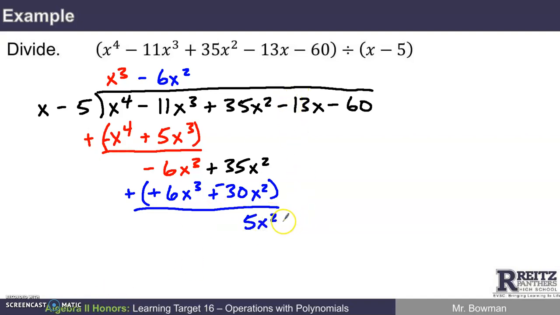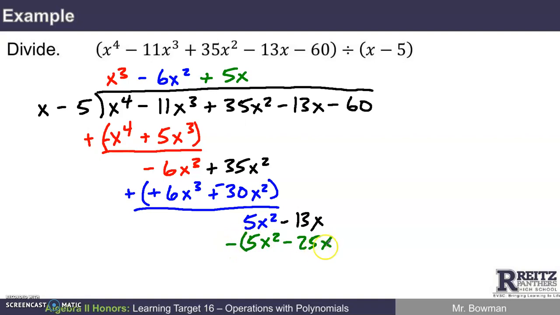And now I'll bring down my negative 13x. So here we go with the third round of this. Now I'll say, what can I multiply by x to get 5x squared? It's a positive 5x. So 5x times x is positive 5x squared. 5x times the negative 5 is negative 25x.